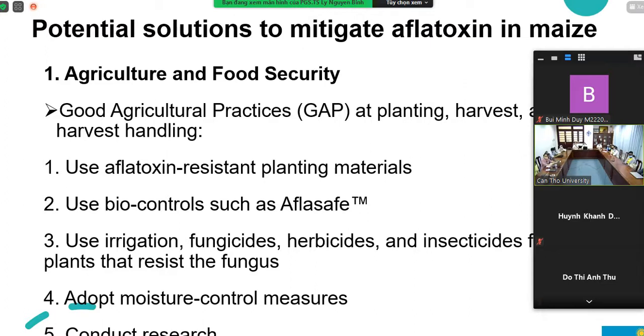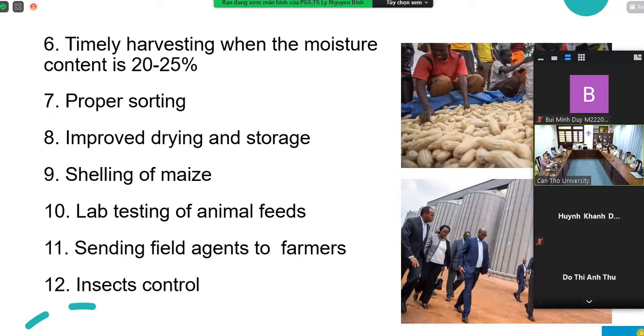There is timely harvesting when the moisture content of maize is 20 to 25%, and proper sorting. There is improved drying and storage. There is proper shelling of maize and laboratory testing of animal feeds. There is sending field agents to farmers and insect control.